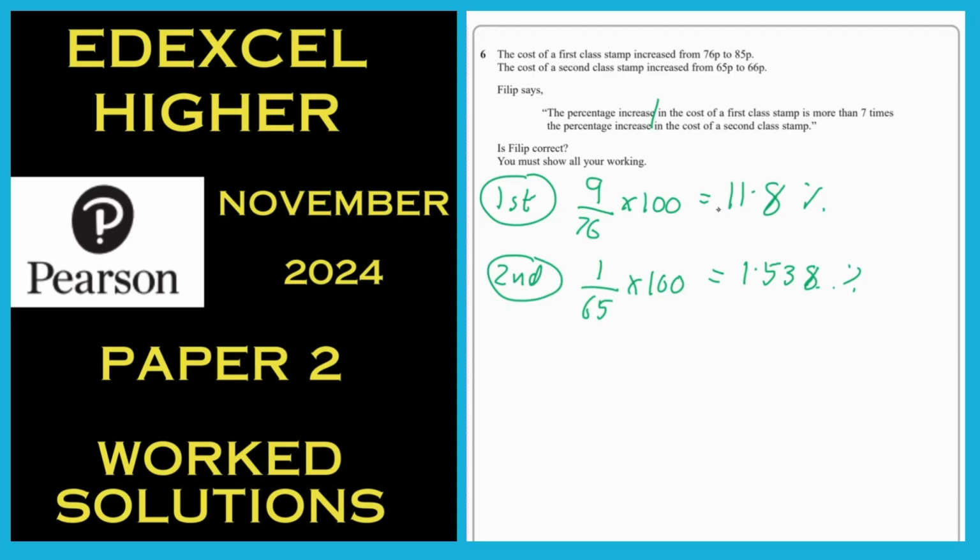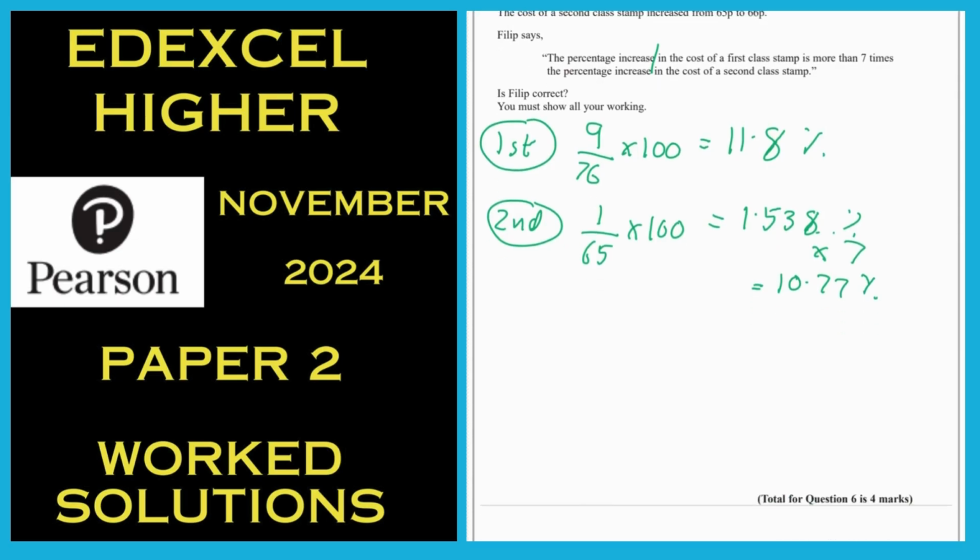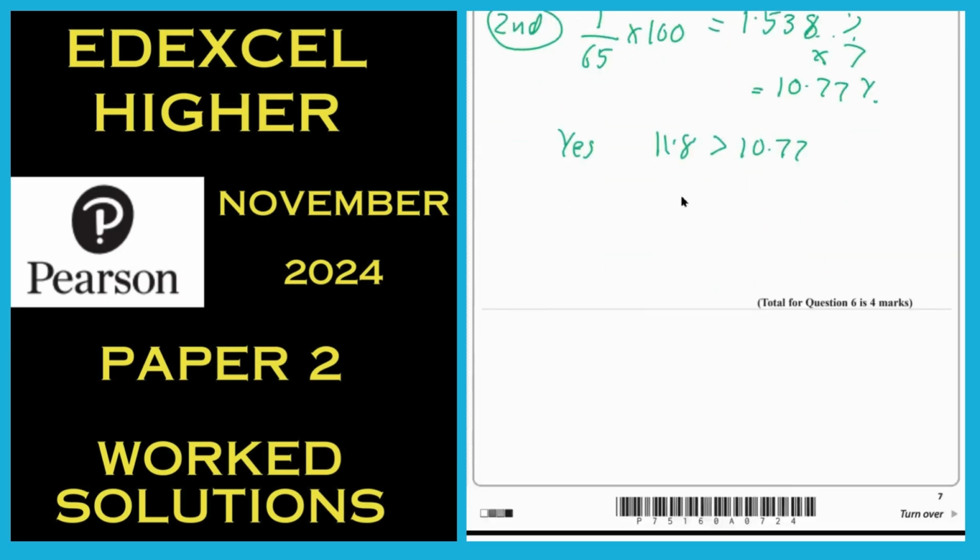If we take our 1.5 and we times it by 7, we get 10.77-ish%. Is Philip correct? We can categorically say yes, Philip is correct, because as you can see, 11.8 is indeed greater than 10.77, or words to wrap it up to that effect.